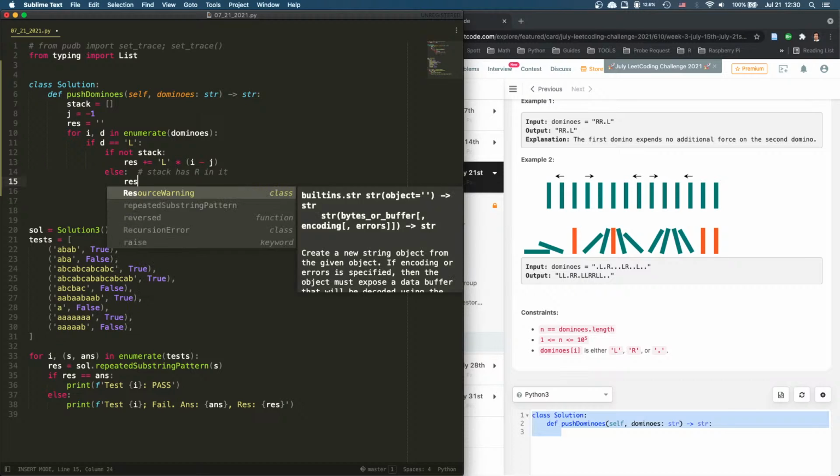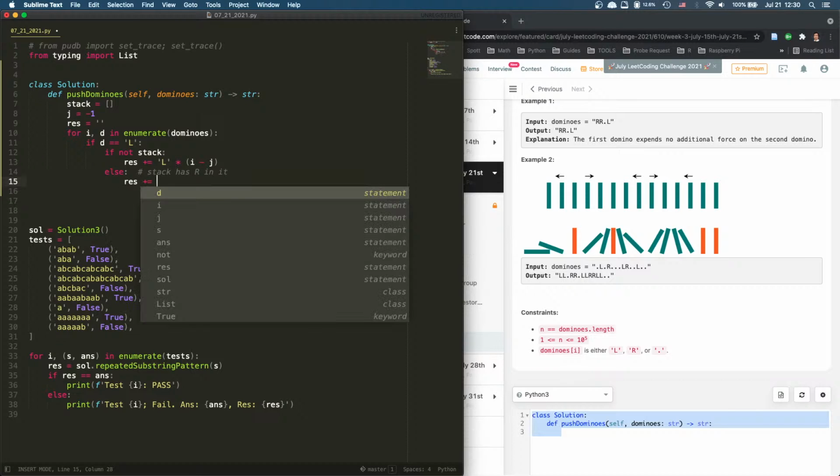Then rest is gonna plus equal to, now that is gonna be interesting. So what we're gonna do is, j is going to be the previous, right?